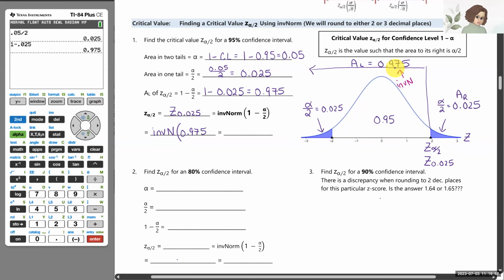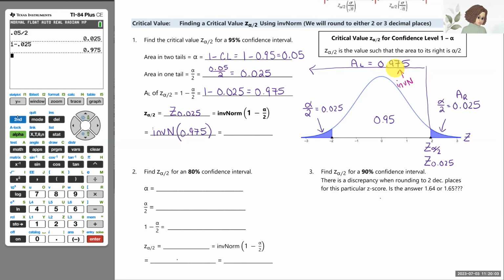That's your 1 minus alpha over 2 value. And then on our calculators, we go to distributions, inverse norm, 0.975.